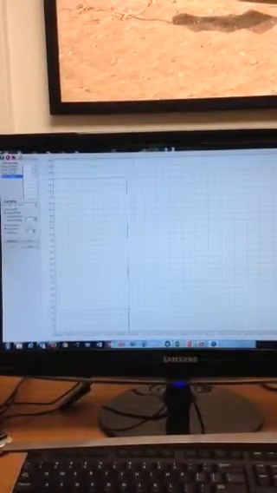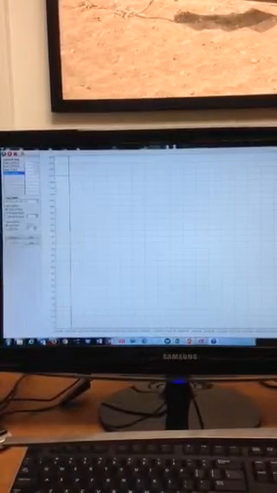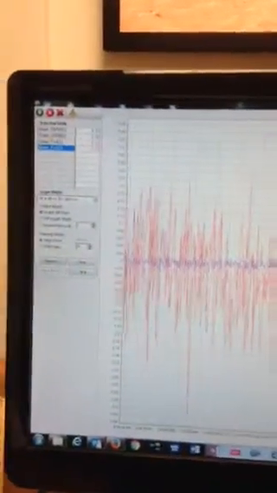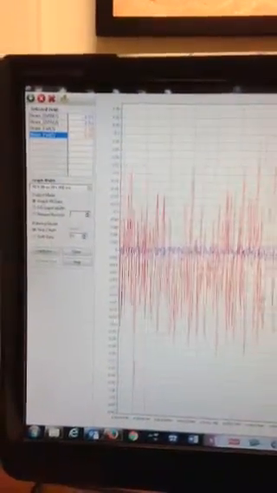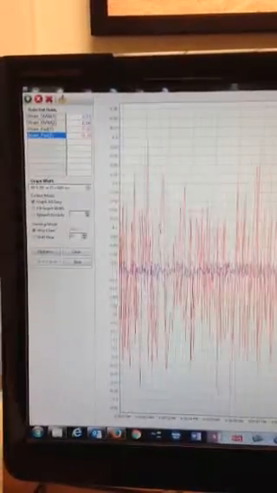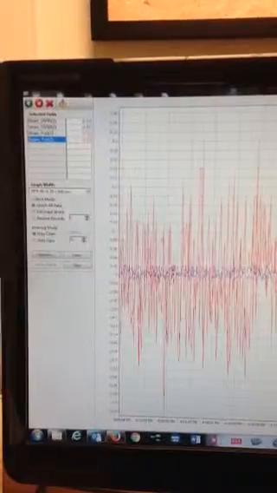You can see that data scrolling across. And now it's reset. And as you can see, the data in blue is the dynamic vibrating wire data, while the data in red is this traditional bonded foil strain gauge data.